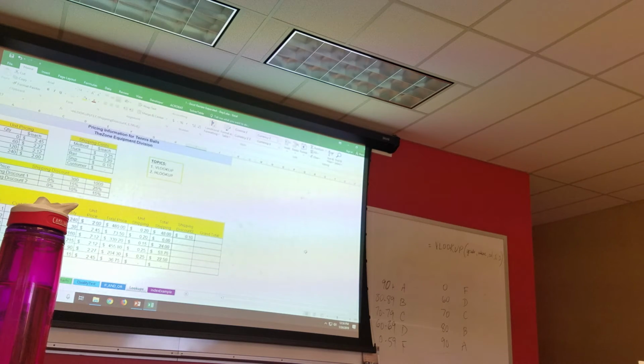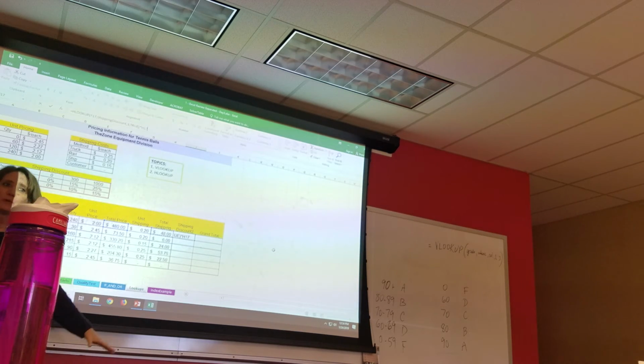So I'm gonna take the percent that I just learned from the HLOOKUP, go out to the end of that formula, go up there to the end of the formula bar line, and multiply it now to get the dollar amount. Multiply it by H17, the shipping total. Again, could I have put this in 2 columns?